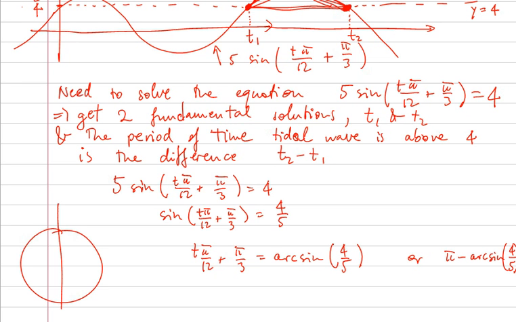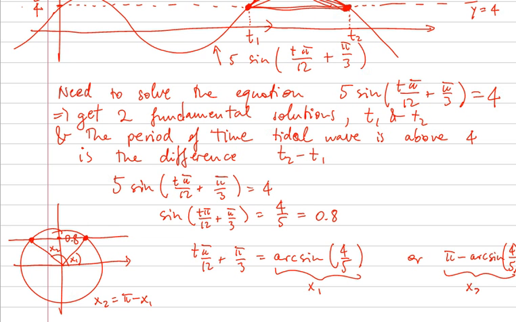That's because when you're solving sine equals 4 over 5, you take this number, that's 0.8, you draw a vertical line, and you find two angles that have this sine. This is your angle x1, and this is your angle x2. And the angle x2 is equal to pi minus x1.